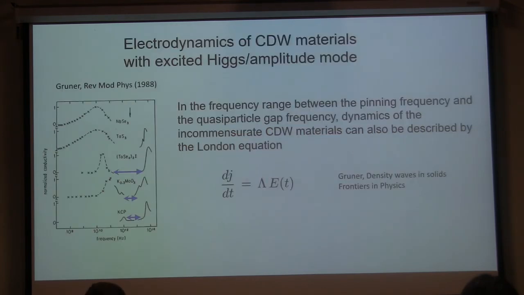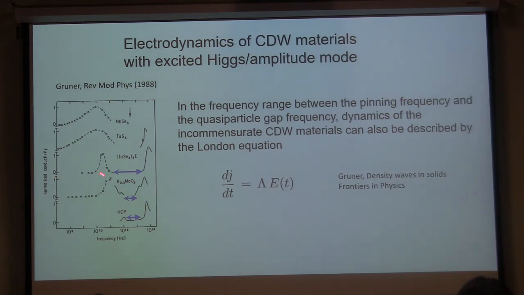So let me point out that we saw this in superconductors and Higgs. This effect is hopefully much more generic. For example, there is a class of materials called incommensurate charge density waves. This is a modulation of the density, and at small frequency it's a true insulator because this density wave is pinned by disorder.